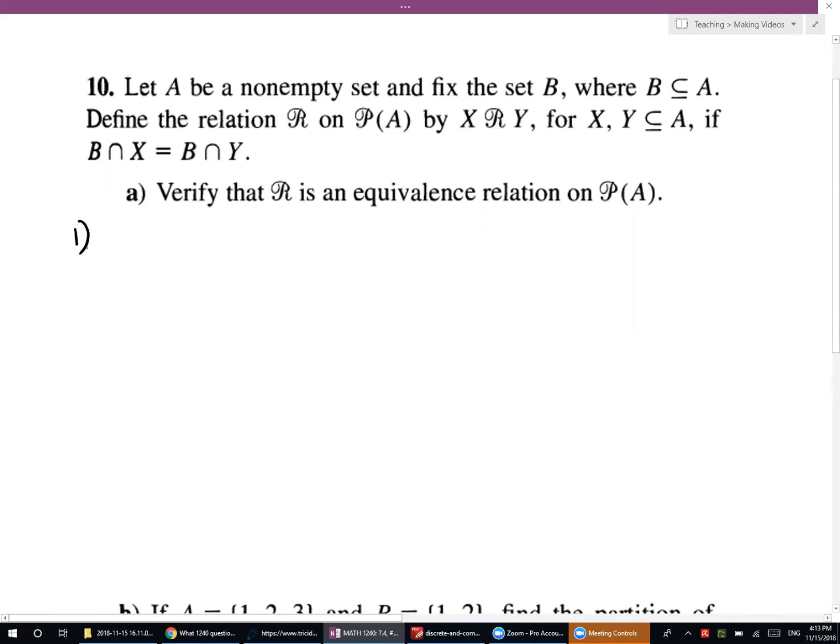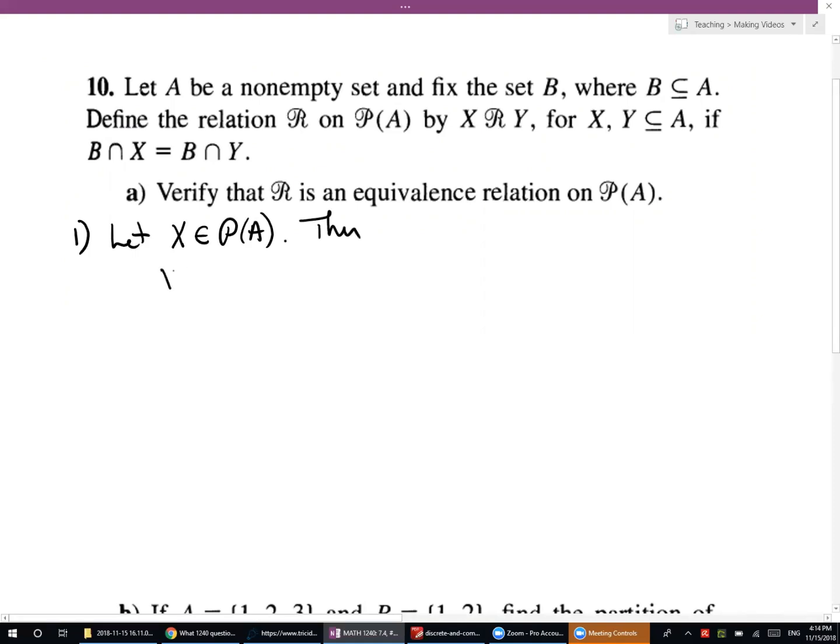So to show it is reflexive, first off, our set is P of A. So I need to pick one element in the power set, and I need to show that this element X is related to itself. Right?